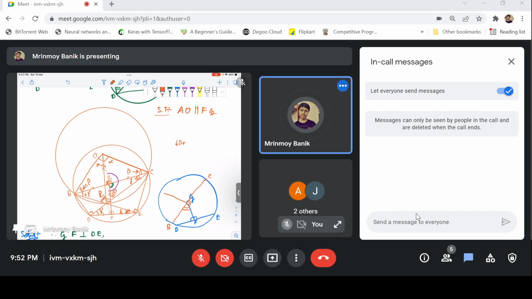So 4 beta plus 2 alpha, sorry, it's 2 alpha. This whole thing is alpha and this whole thing is alpha.